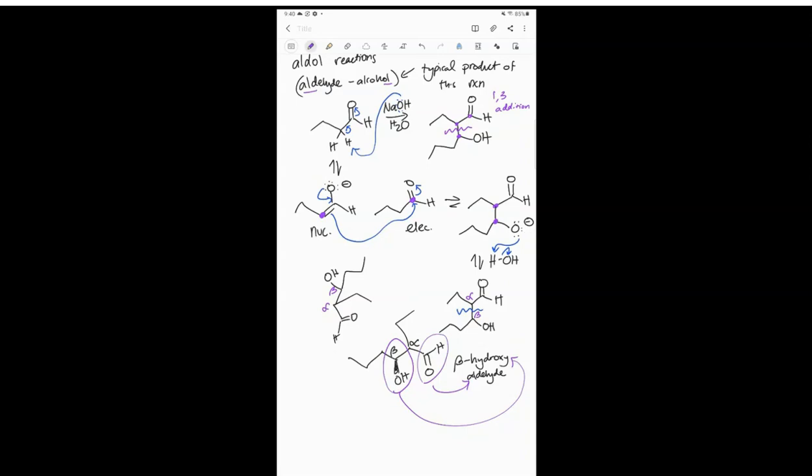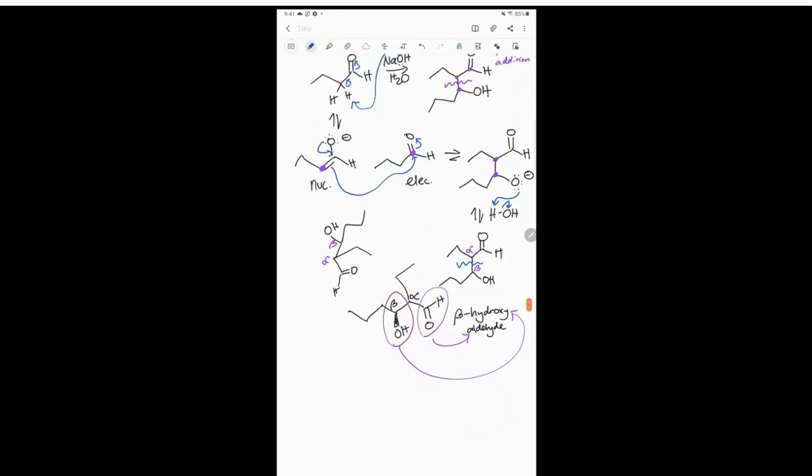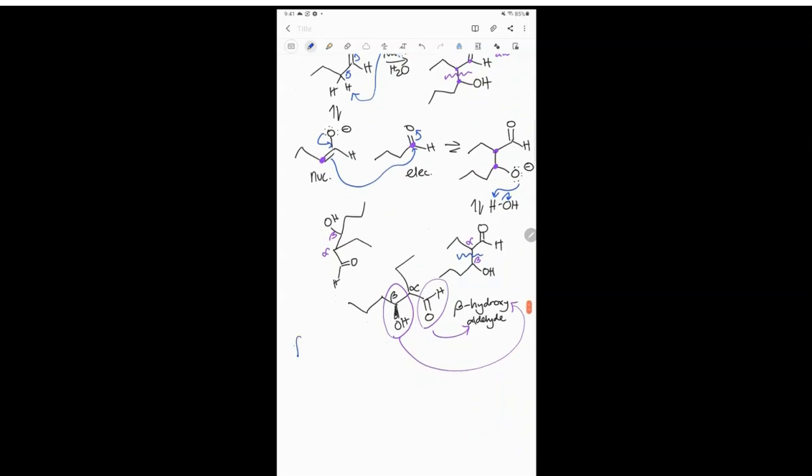Okay, so this is an equilibrium process, I will mention as well. For aldehydes, typically the product is favored. But for ketones, it's generally the reactant that's favored. So I'll just make a note of that, and we'll look at a ketone example in a second here. For aldehydes, the product is favored.